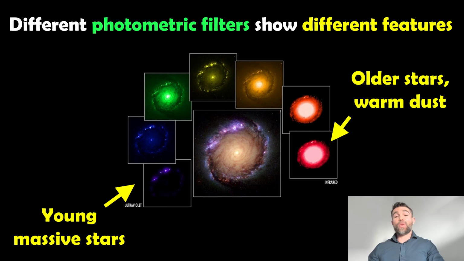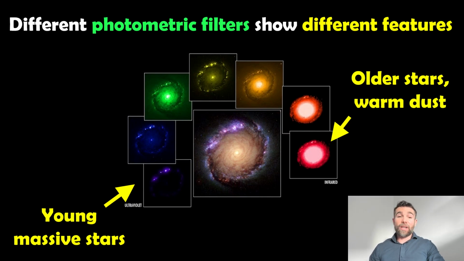So again, it depends what you want to have a look at. A galaxy or an object is going to be brighter or dimmer in a certain filter depending on what's going on there. If a galaxy is comprised of lots of young, hot, massive stars, it'll be quite bright in the UV filter. And if it's the other way around, it might be an older galaxy, it might be brighter in the infrared one instead.